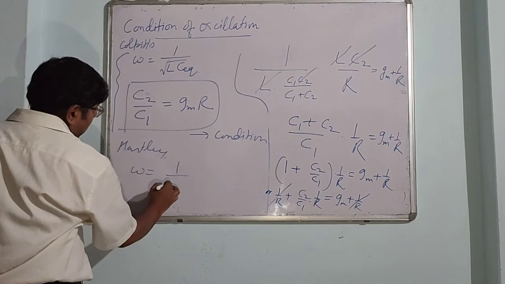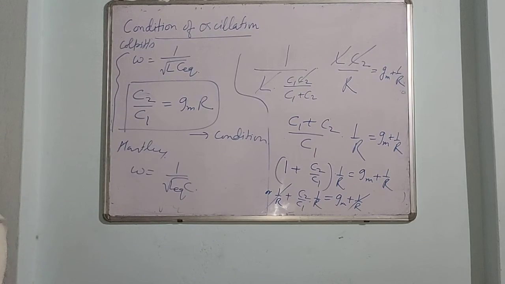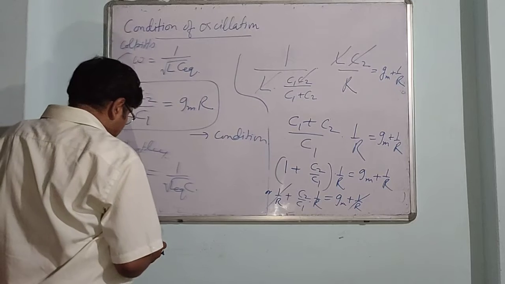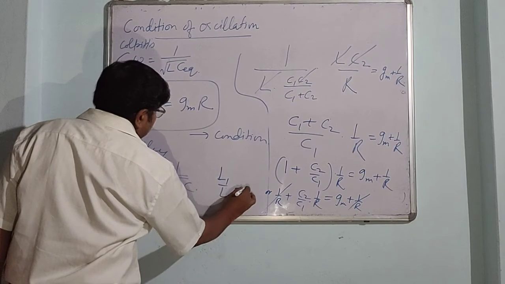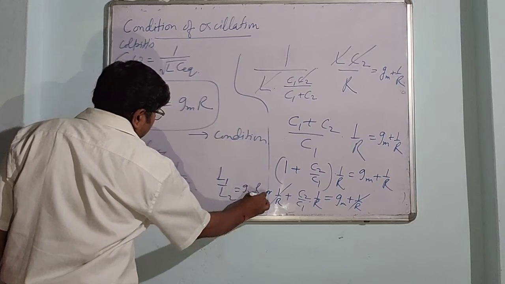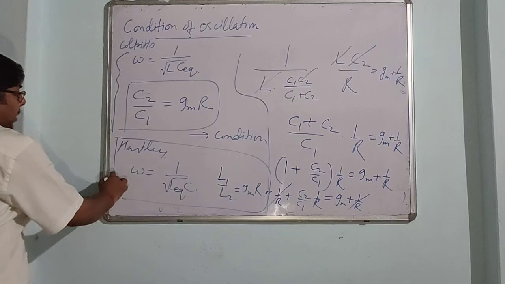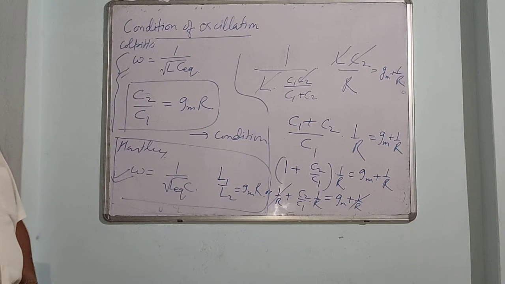This is 1 upon root of L equivalent C. And what is the condition? The condition for that is L1 upon L2 equals Gm R. So this is for Hartley, frequency of oscillation and condition, and the earlier one is for Colpitts.